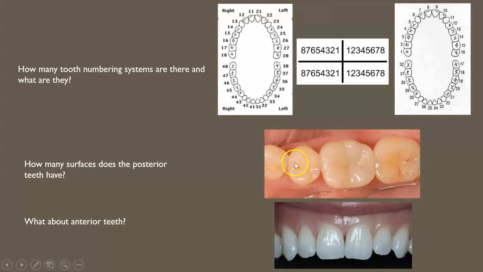These are premolars, and we know that based on the size and shape of them in comparison. The premolars come before the molars, so they're more towards the midline. This is our mesial surface, our distal surface, our buccal surface, lingual surface, and then our chewing surface, which is occlusal on posterior teeth.